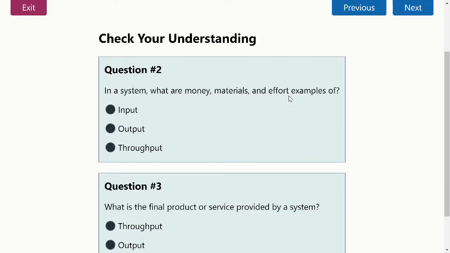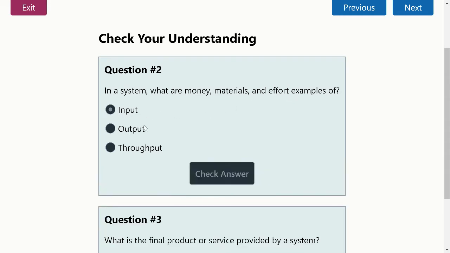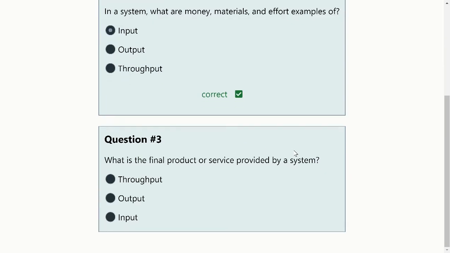Alright, in a system, what are money, materials, and efforts examples of? Input. What is the final product or service provided by a system? Output.